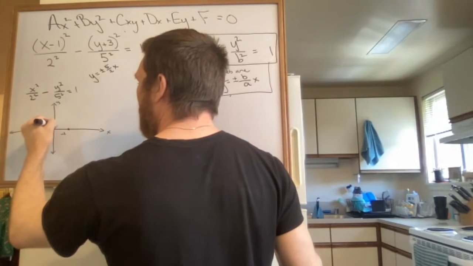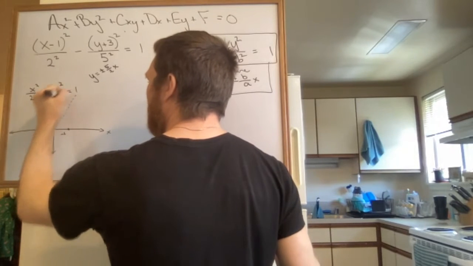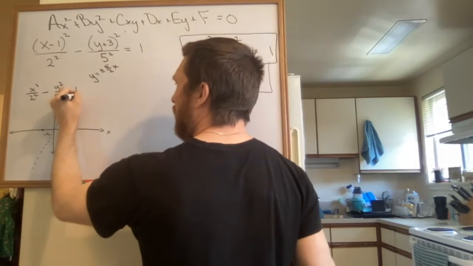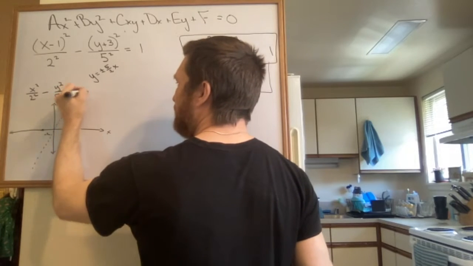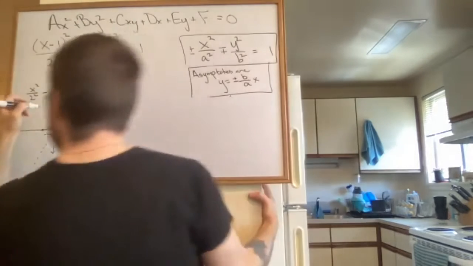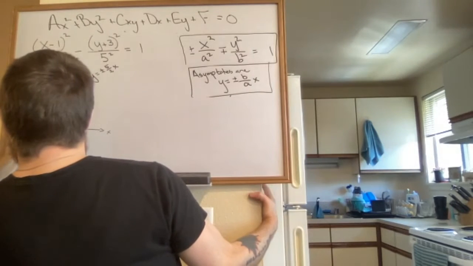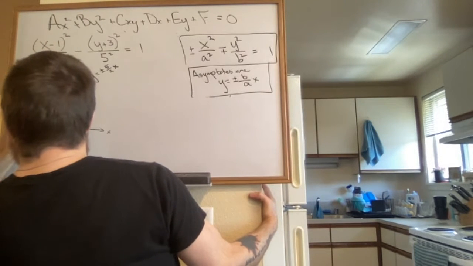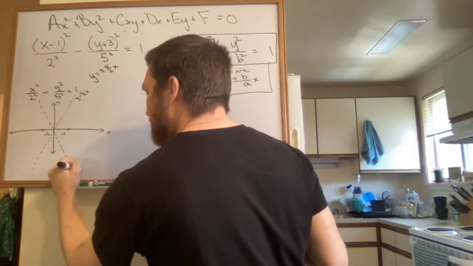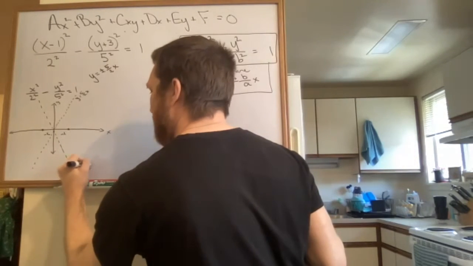So I'm going to draw that somewhat accurately. I'm going to draw him kind of steep like this. Label that one as y equals plus 5/2 x. We'll draw the other one steep just to be somewhat more accurate, like that. And that's going to be y equals negative 5/2 x.